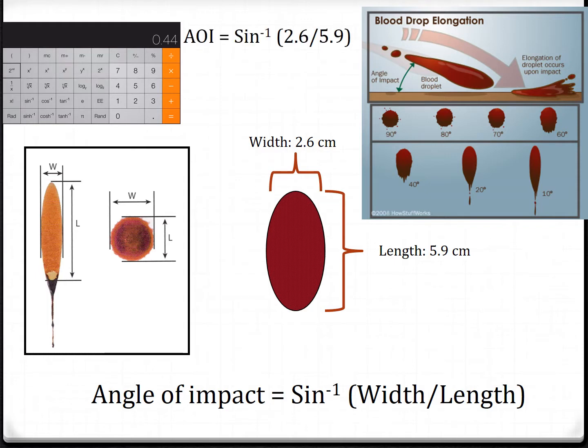We'll take 2.6 divided by 5.9. That's going to equal 0.44. Now we take the inverse sine of that on the calculator up over here. You just hit second, and then you got your inverse sine right here. And that gives us an angle of impact of 26.2 degrees. So this blood drop hit the wall at a 26.2 degree angle.